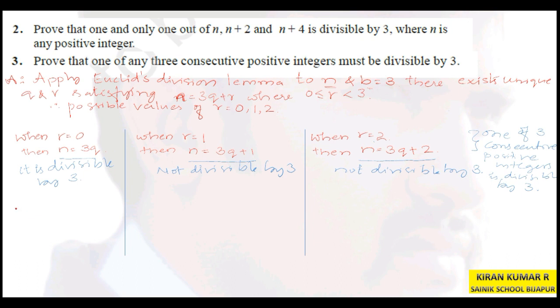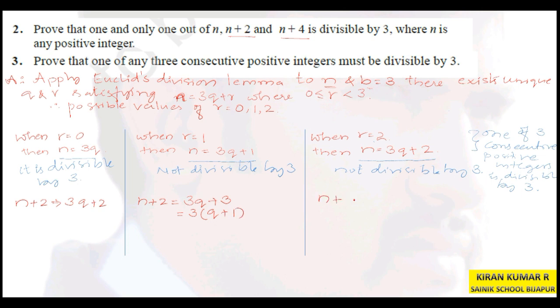Now let us take n plus 2, because here we have n plus 2 and n plus 4. If you consider n plus 2, then we have 3q plus 2. In this case, n plus 2 will be 3q plus 3, which I can write as 3 times q plus 1.